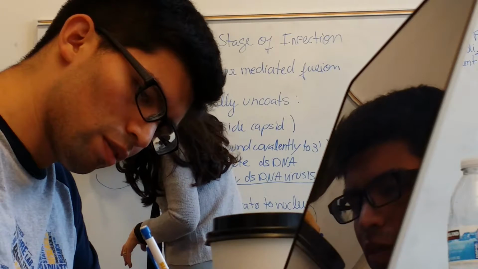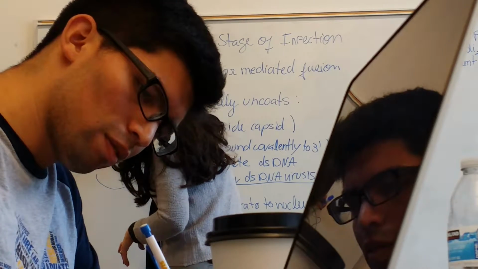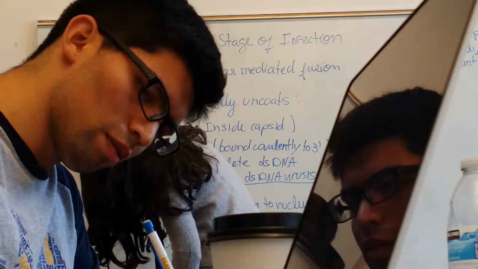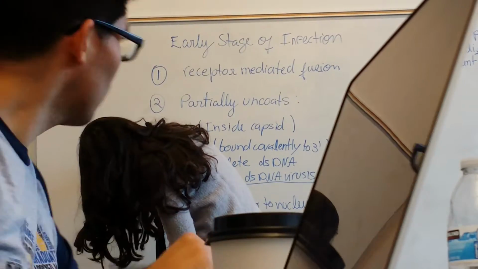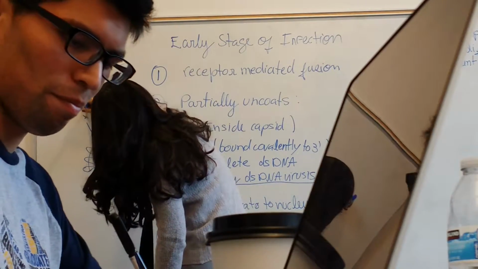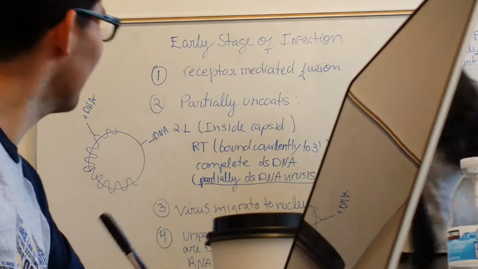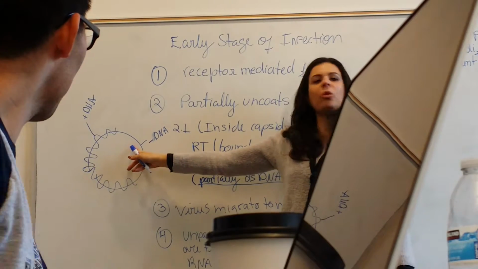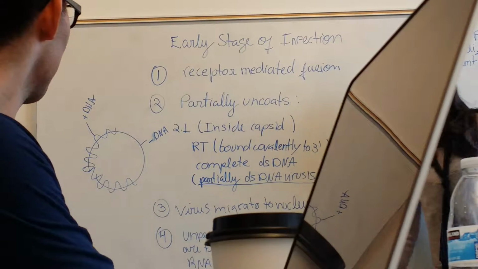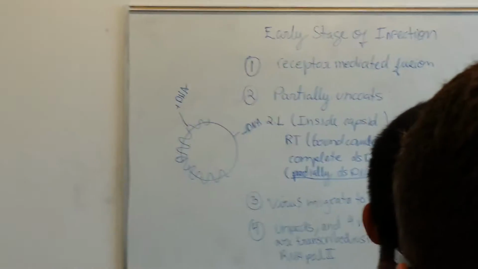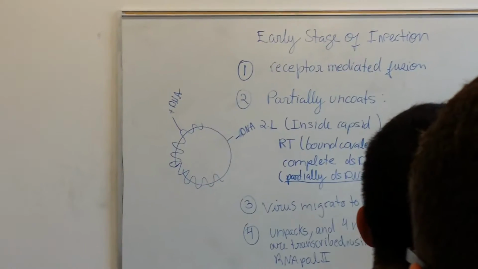And then you have the positive DNA. But it's partially double-stranded. This portion here is single-stranded. That's what I mean. Okay. Yes, thank you. And I'll go through it. I didn't get there yet.